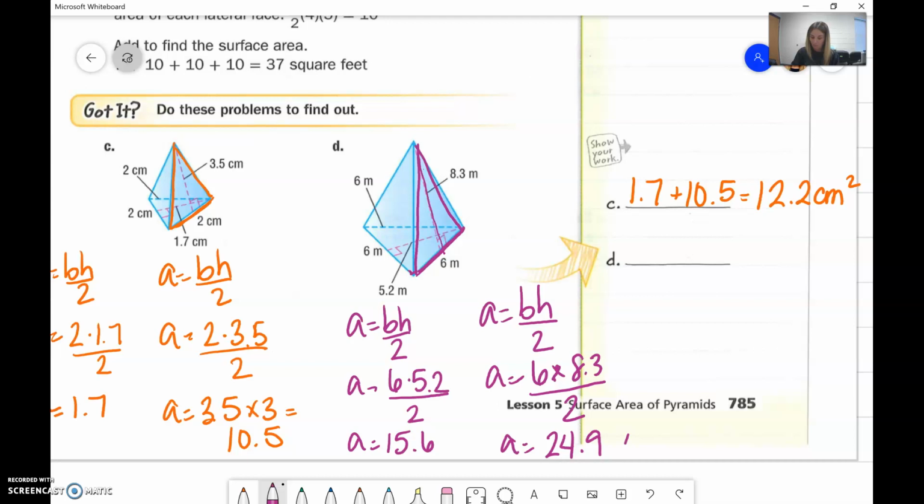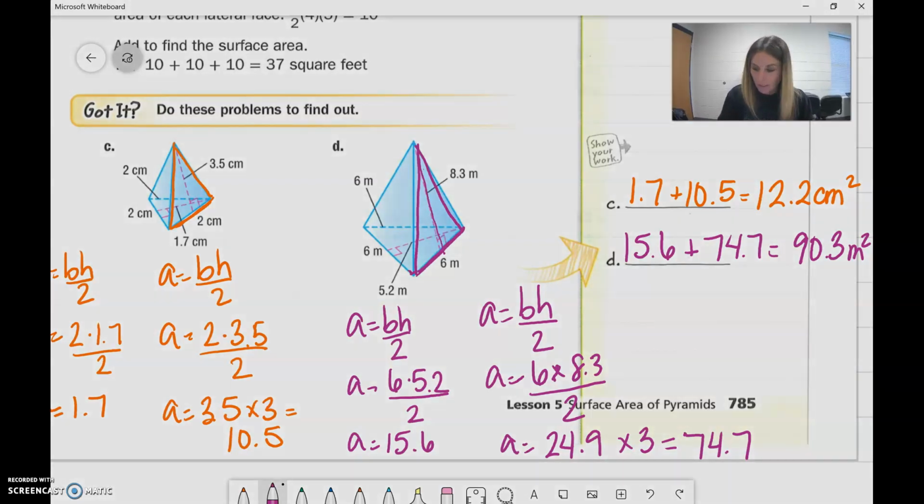But then I need to multiply that by how many lateral faces do I have? 3, which is going to give me 74.7. Yep, so we're going to take 15.6 plus 74.7, which is going to give us a grand area total of 90.3 meters squared. 90.3 meters squared. Okay.